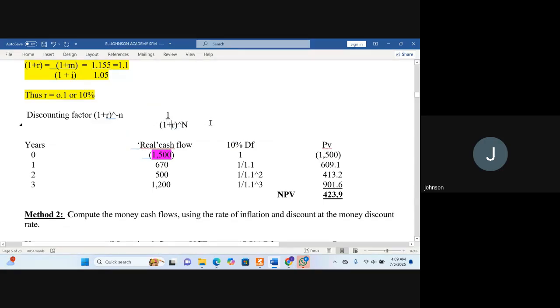So it becomes 1.1, that is 10%. Then you raise it to power n. What's our n? Our n is 0. Remember, you can also raise it to power minus 0, but at the top here there should be 1.